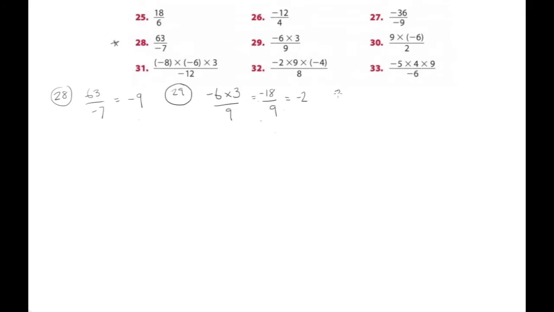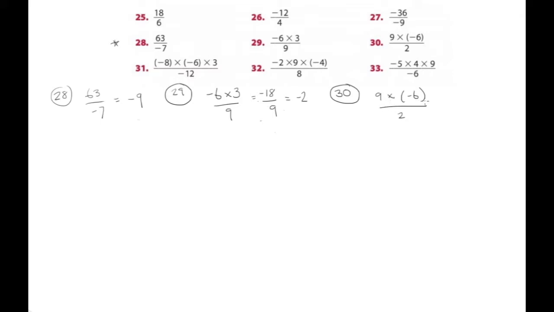Now, let's have a look at question 30. 9 multiplied by minus 6, and that is over 2. The reason they put the brackets here is so you can clearly see the minus and see it separate from the multiply symbol.